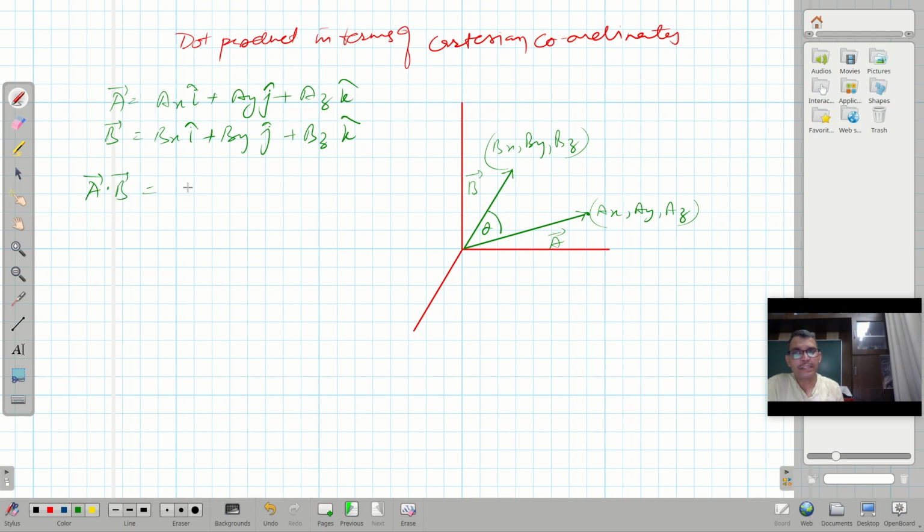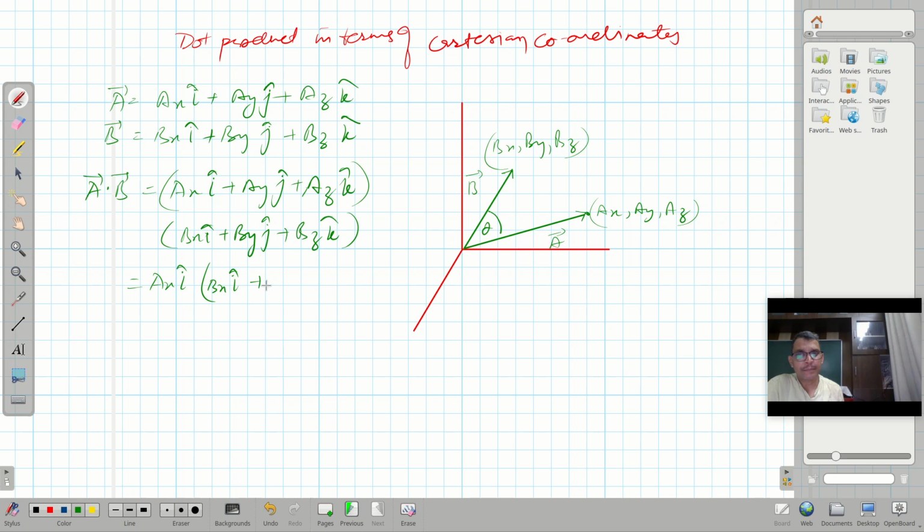It can be written like this, means AX i cap, AY j cap, AZ k cap, multiplied by this BX i cap, BY j cap, BZ k cap. So it is AX i cap, multiplied with the whole of this vector B. So BX i cap, BY j cap, and BZ k cap.